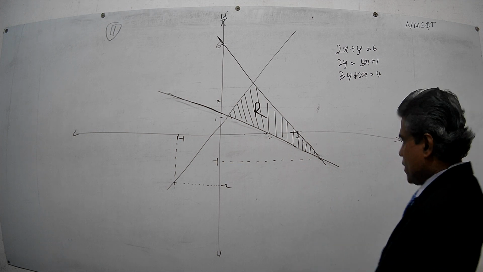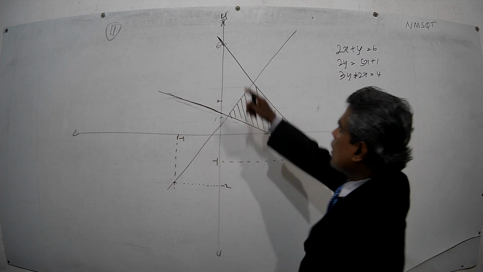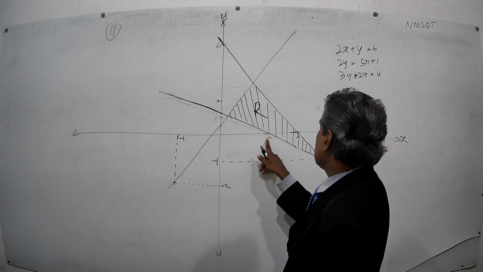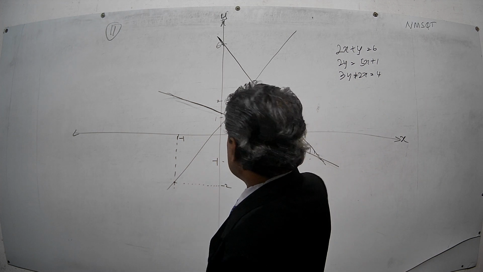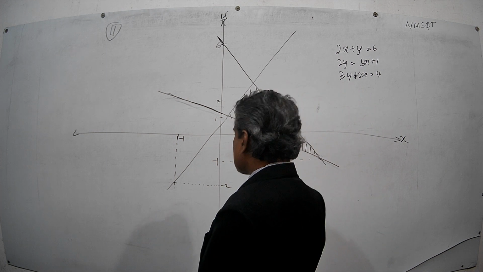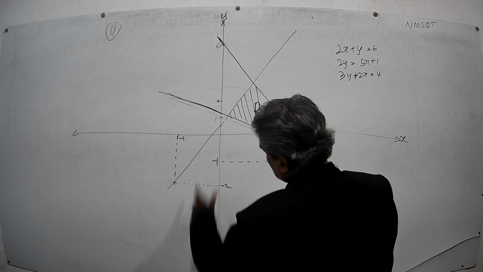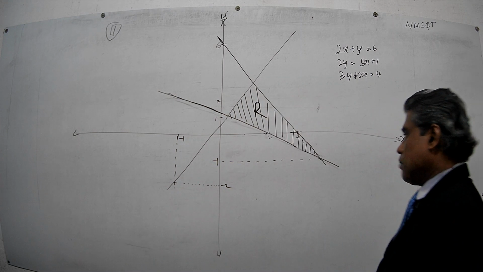How do we do that? I think to do that, these critical points will help: this is the y-intercept, here there is an x-intercept, here also there is an x-intercept, and here there is some point on this line, with coordinates -1, -2, right?